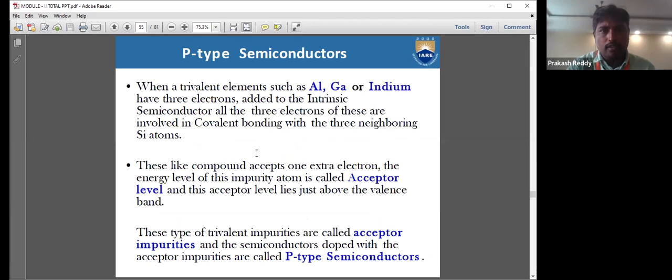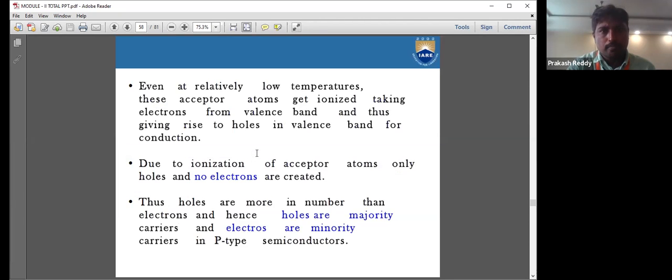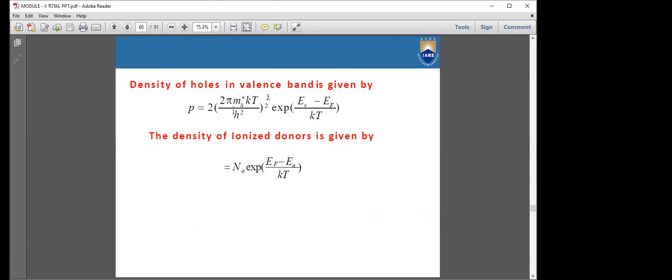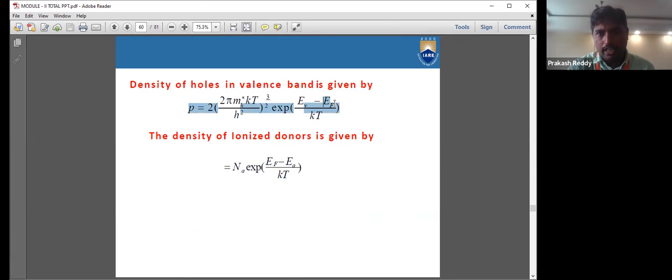In a similar way, we find the P-type carrier concentration. Before the holidays, we covered this topic, the number of holes in the valence band for a P-type semiconductor. Before that, by equating these two, I derive the equation for EF. After finding the equation for EF, by substituting it here, I find the number of holes in the valence band for a P-type semiconductor.